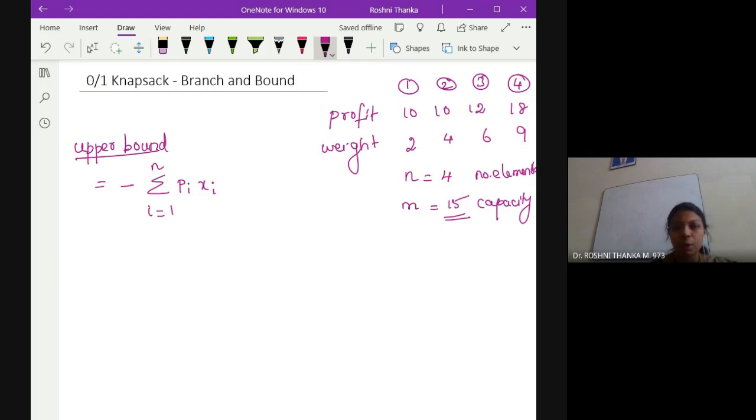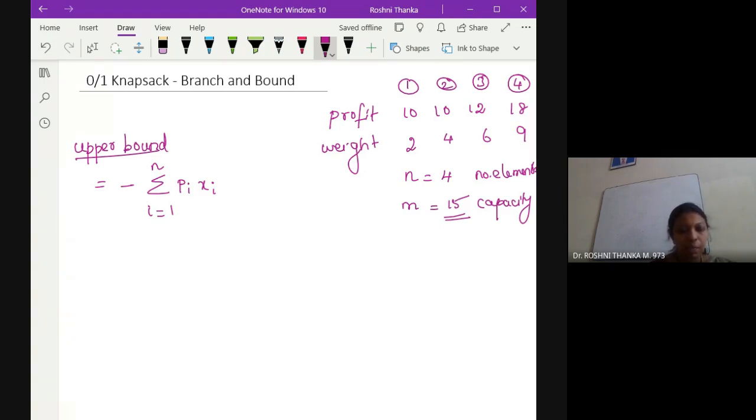So pi into xi means are you going to take the object or not. For example, if I take x1, then xi will be 1. And if I do not consider the first item x1, then it is 0. So this is 0 or 1, and pi specifies the profit. This formula helps us to find the upper bound.